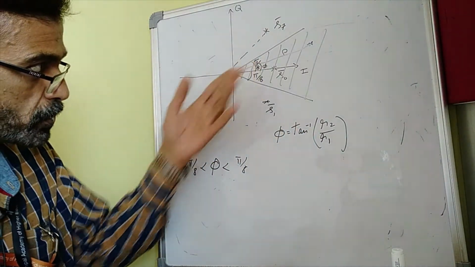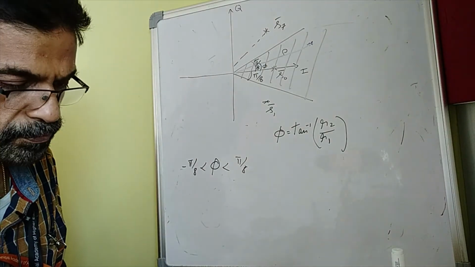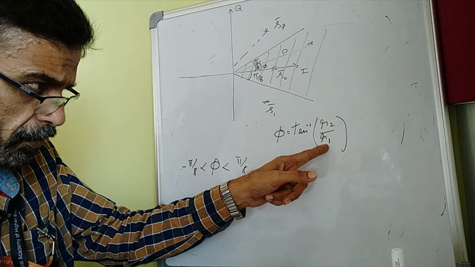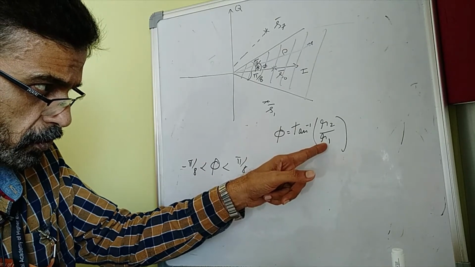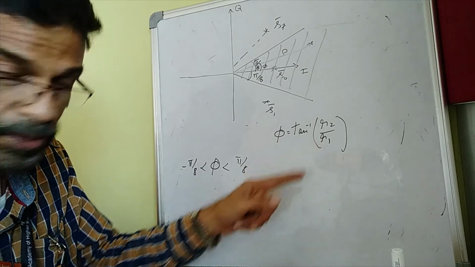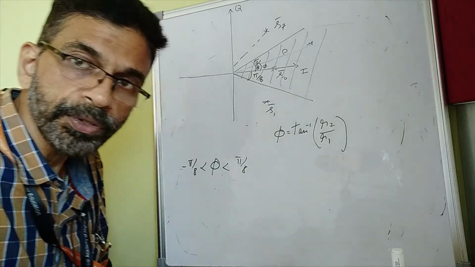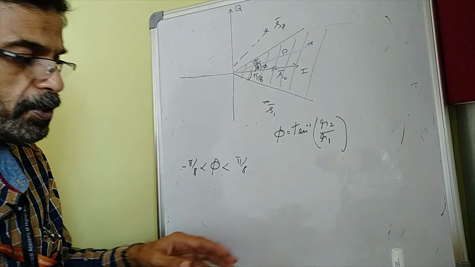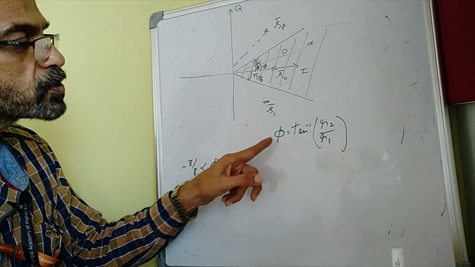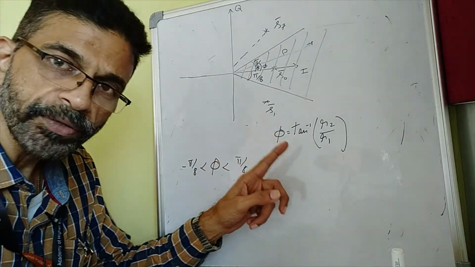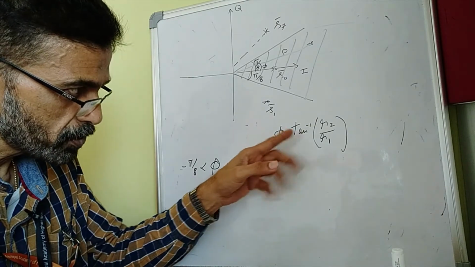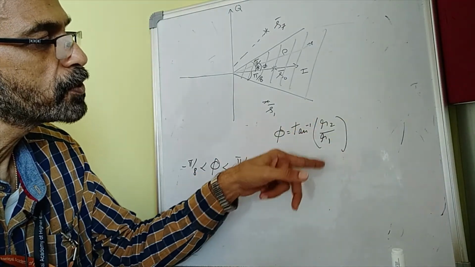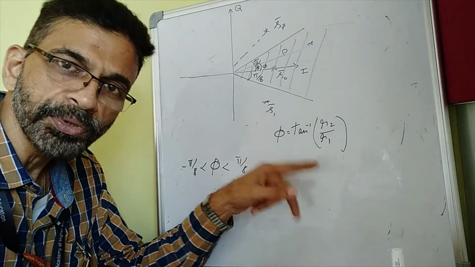When S0(t) is the transmitted signal, as we have assumed, R1 is Gaussian with mean root Es and variance N0 by 2, and R2 has mean 0 and variance N0 by 2. That means phi will also be a random variable. Its distribution will not be Gaussian because it is a function of a ratio of two Gaussian distributed random variables.